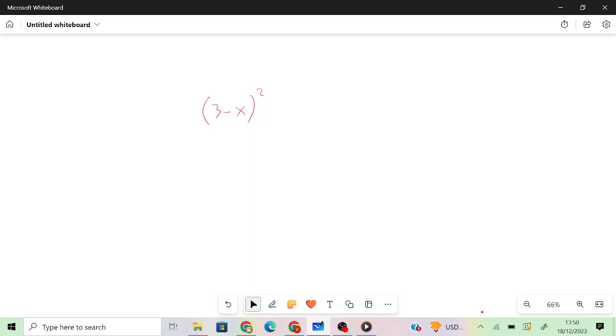All you have to do is just rewrite this as 3 minus x, 3 minus x, and then expand. So this becomes 9 minus 6x plus x squared. If I said we had something like 3 minus x all cubed, now this might take a bit longer, but eventually you would also get to the right answer.